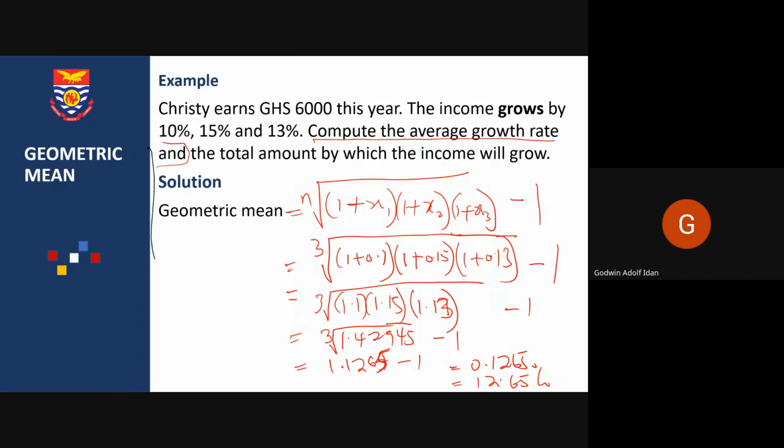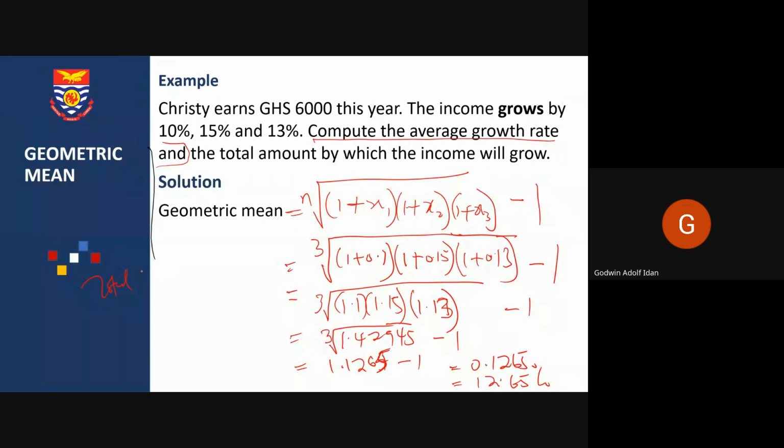So we now have computed the average growth rate of this particular question. Now, the second part of the question says that we should find the total amount by which the income will grow. So for you to get the total amount, we go by this formula.